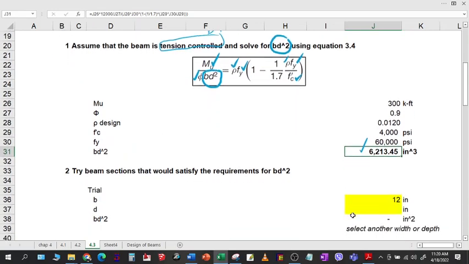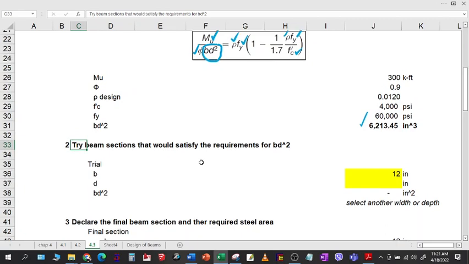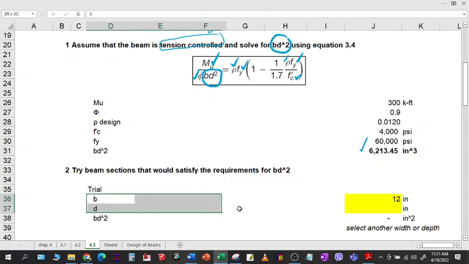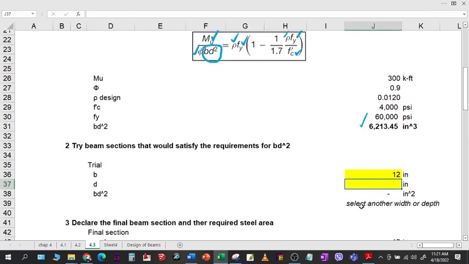And the next thing to do is to try beam sections that would satisfy the requirements of bd squared. First, we start with 12 inches. This is the most common beam width. But we don't know the depth, so let's have a trial and error here.